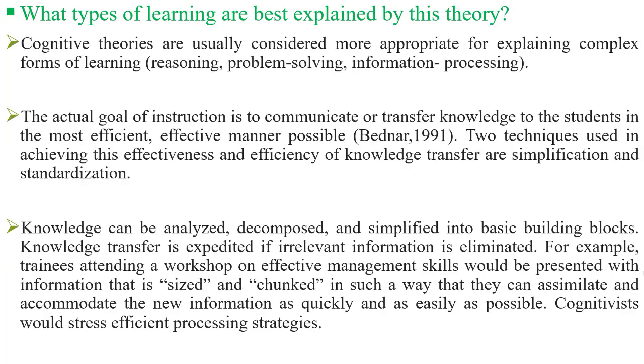Now we're moving to another question, which is about what types of learning are best explained by this theory. Cognitive theories are usually considered more appropriate for explaining complex forms of learning, like reasoning, problem solving, information processing, etc. So the actual goal of instruction is to communicate or transfer knowledge to the students in the most efficient, effective manner possible, according to Binar 1991.